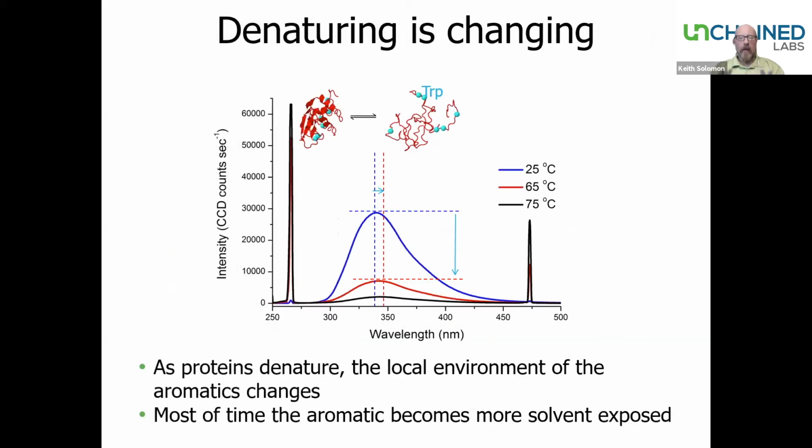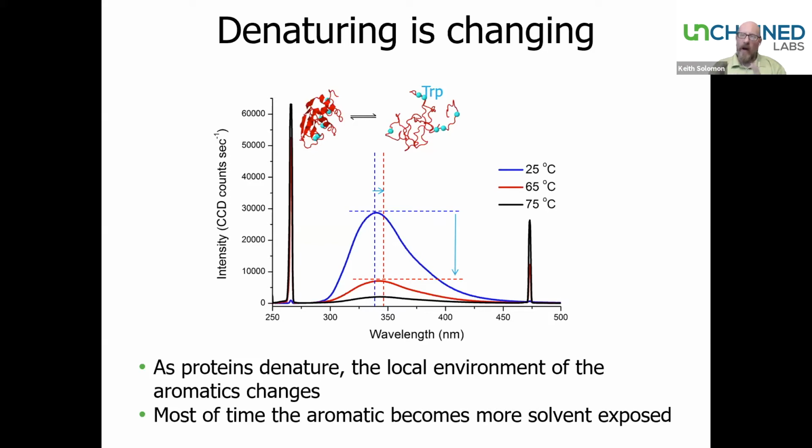Before we get into what occurs during denaturation, I do want to point out that I recently looked at a protein paper where they looked at about a dozen proteins that have only one tryptophan residue, and the emission spectrum released by that one tryptophan is vastly different from protein to protein, because each of these tryptophans has different exposure to solvent as well as different quenching effects that may be occurring due to the protein backbone, and consequently the emissions profile, the quantum yield, and the actual spectrum released by each of these tryptophans is different.